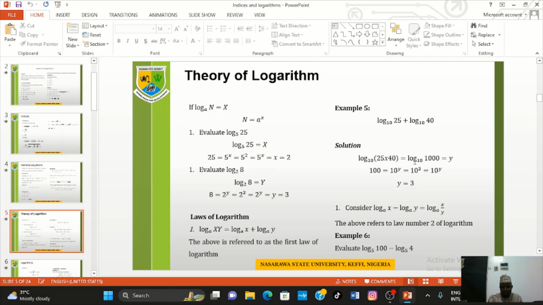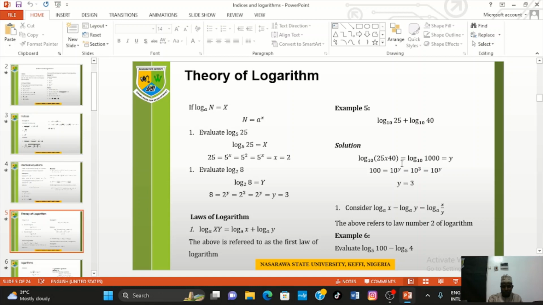So 25 times 40 will give us 1000, meaning we have log 1000 to base 10. The log of 1000 to base 10, we can equate to an alphabet y. So in this form, we can transform this to 1000 equals 10 raised to the power of y.